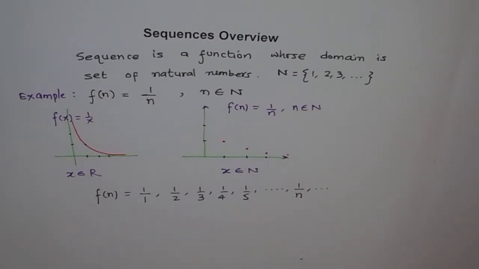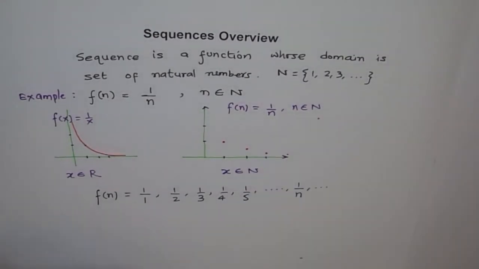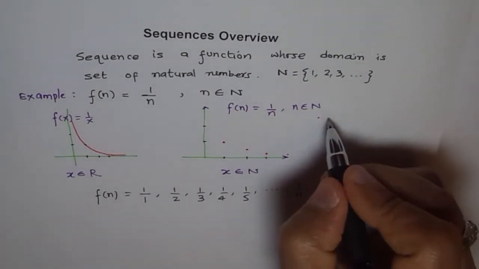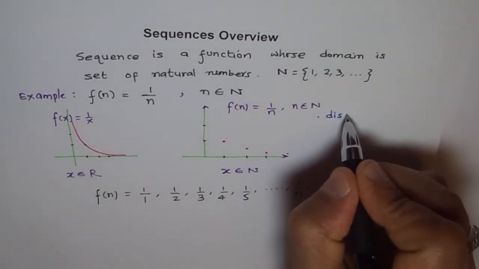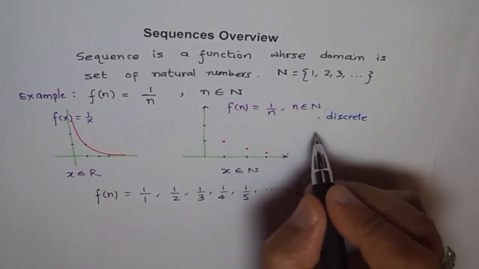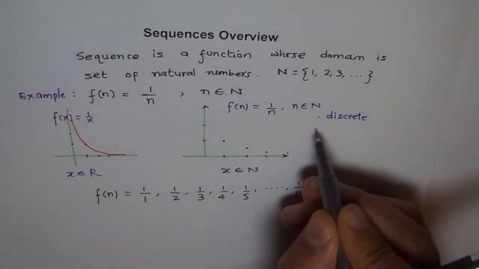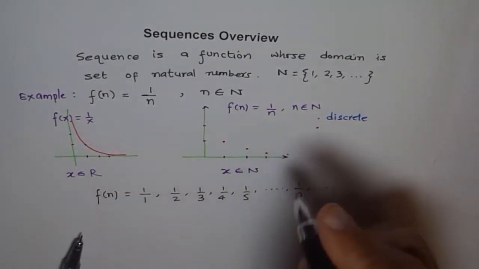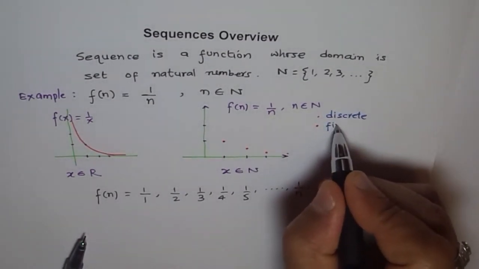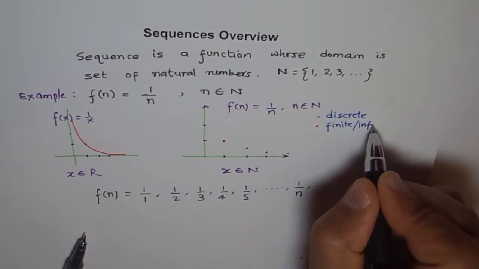So in sequences, we'll also see terms like, let me write down a few terms which we are going to see in sequence, which is, first, discrete, right? It is not a continuous function, it is a discrete function. And the second thing is that we just saw that this could be a finite sequence, or infinite, right?